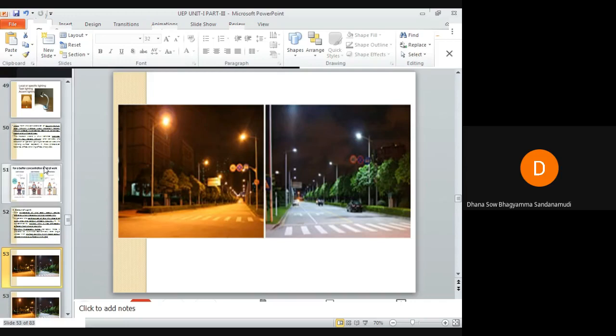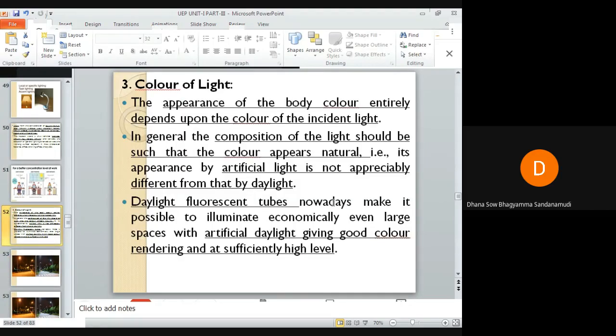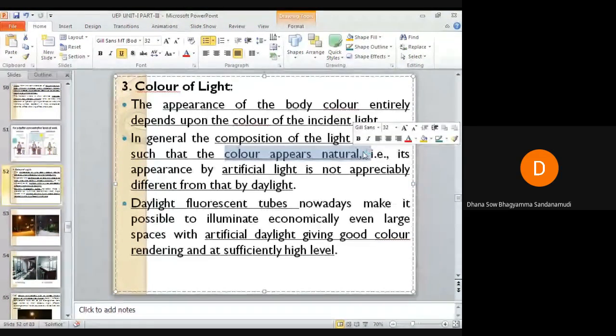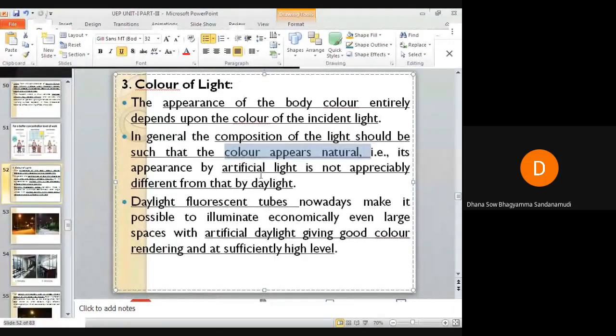In general, the composition of light should be such that color appears natural. Whatever artificial lamps we are using, we must make sure that the luminous flux of that lamp makes the objects to appear with their natural color.